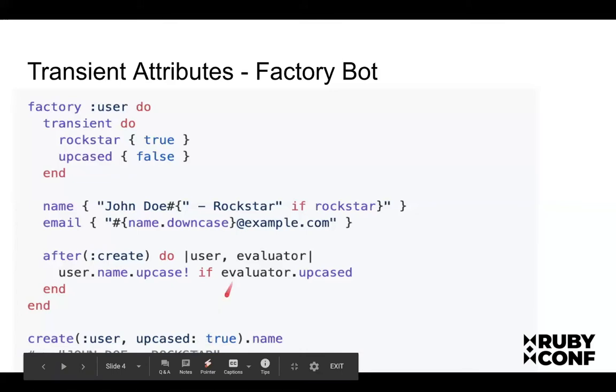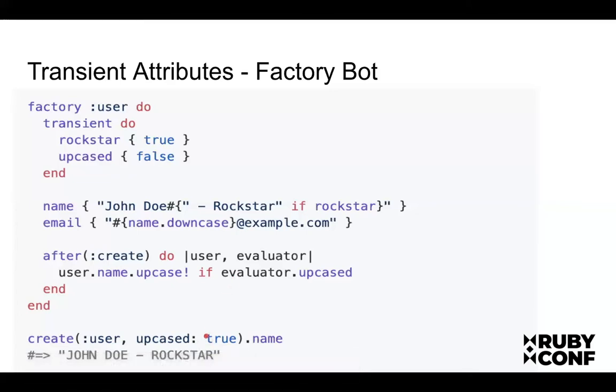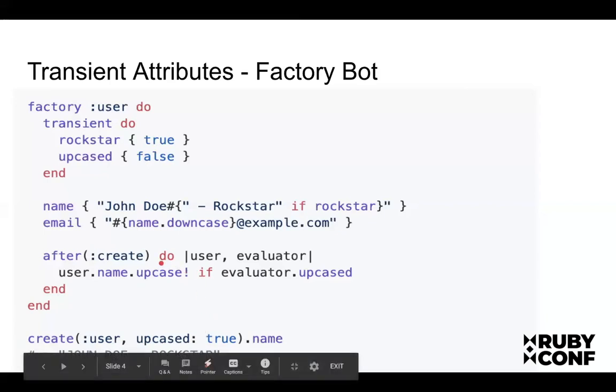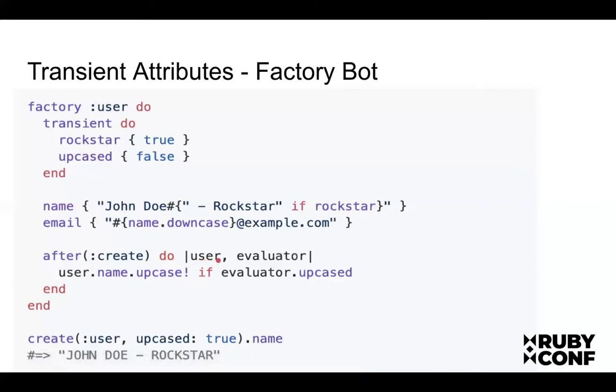To make this take effect in our object, in our callbacks, like this after create callback, the first parameter is the factory object which we are creating. The second one, evaluator, is related to transient attributes.